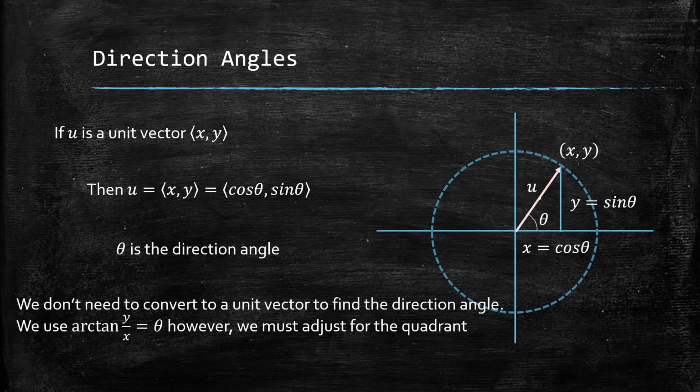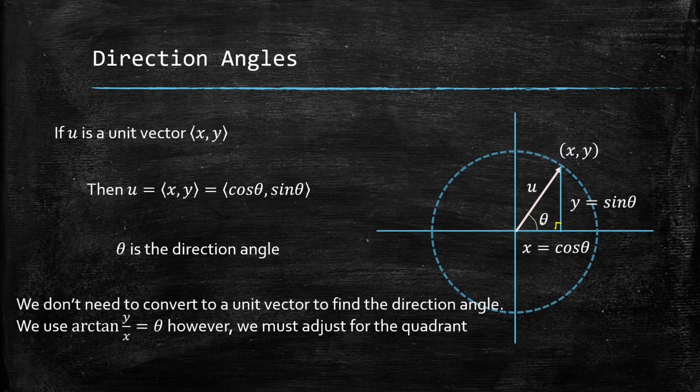On that unit circle, you remember that if you have an angle theta, the right triangle that is formed has the opposite side, the y, equal to sine theta, and the adjacent side, the x, equal to cosine theta. Like I said, you don't need to convert to a unit vector to be able to find the direction angle. It's just a great illustration for it.